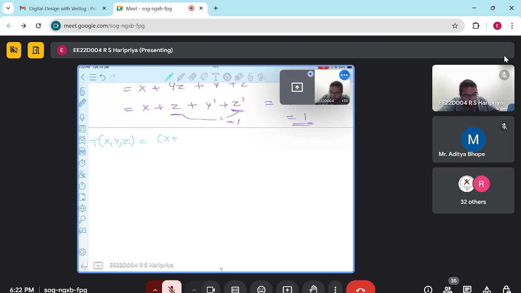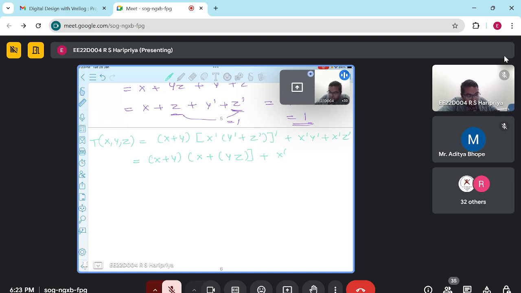The expression is (x plus y), (x complement, y complement, z complement) whole complement. So the first step was to break this complete complement and change the sign, so x complement complement, and this also change the sign, y complement's complement.